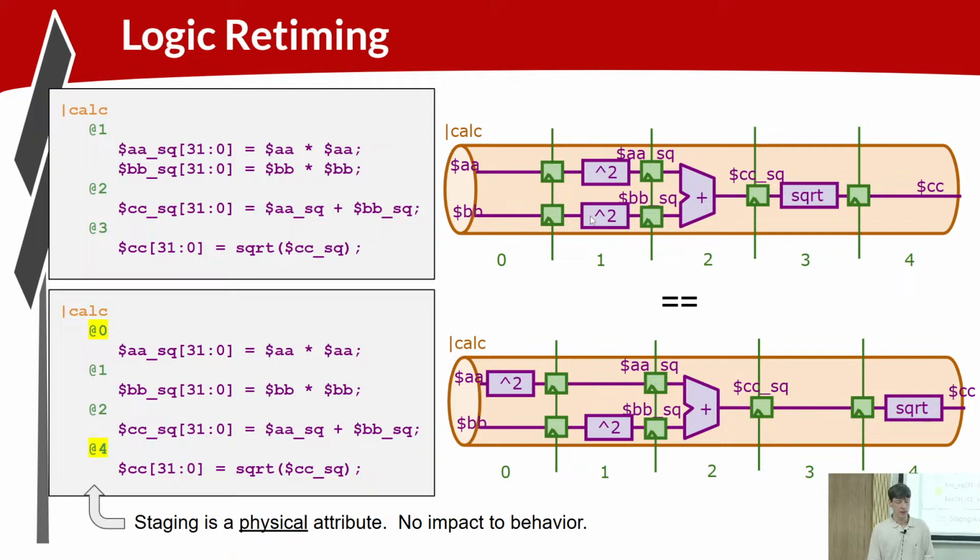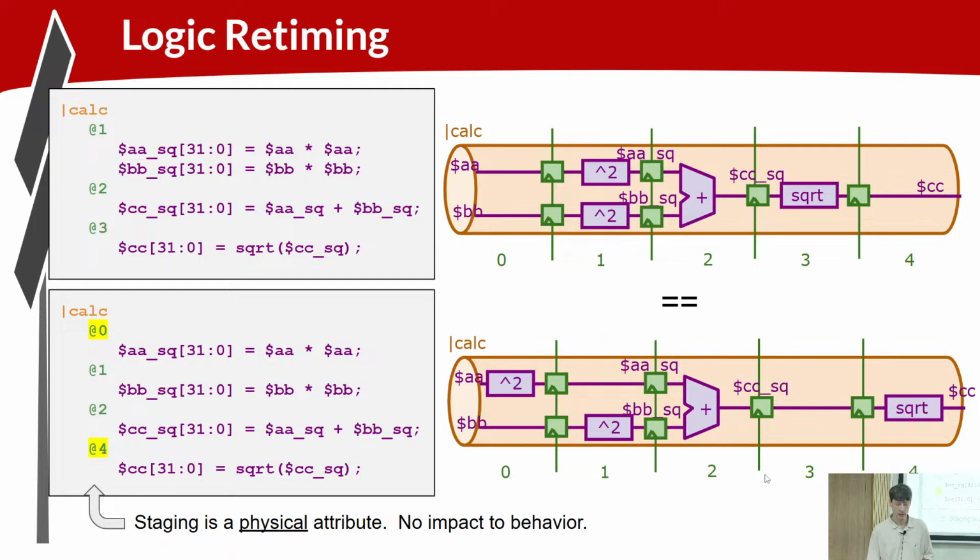But in the case of timing, perhaps this is my original circuit on top, but in my new context, maybe this logic is distributed across a chip, and the squaring of A happens in one corner of the chip, where adding them together is somewhere else. I might need an extra cycle to get from where it's produced to where it's consumed. So I need this dead time, right? And similarly, maybe square root is off in some other corner.